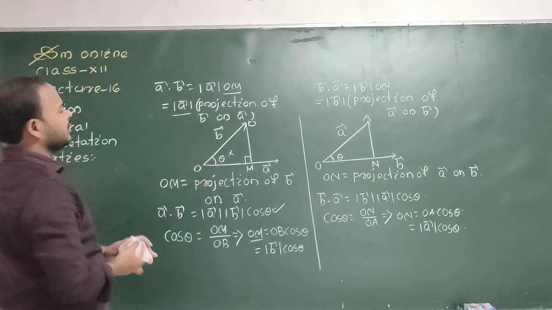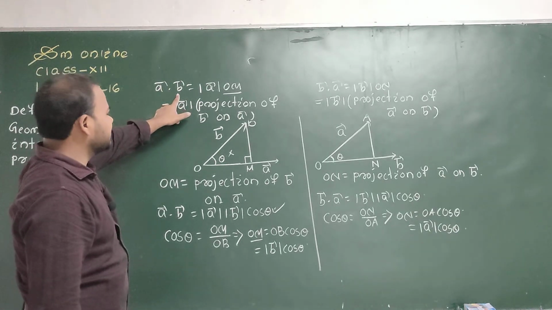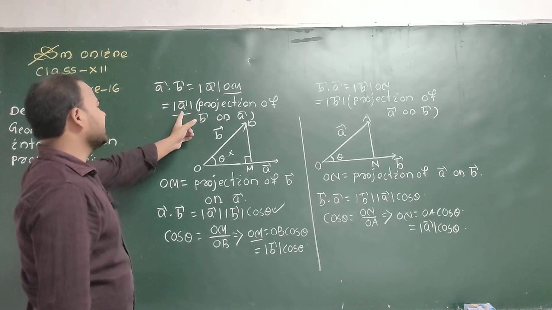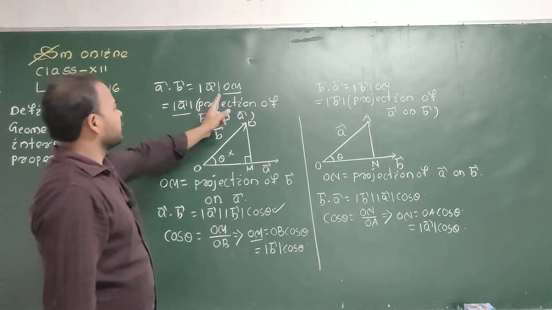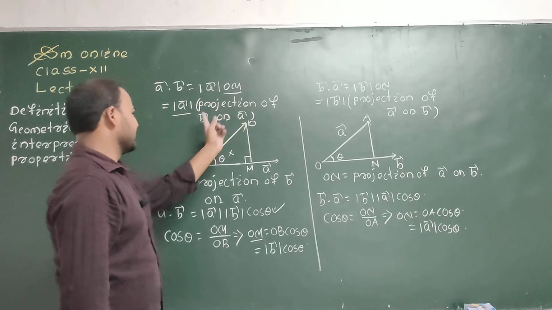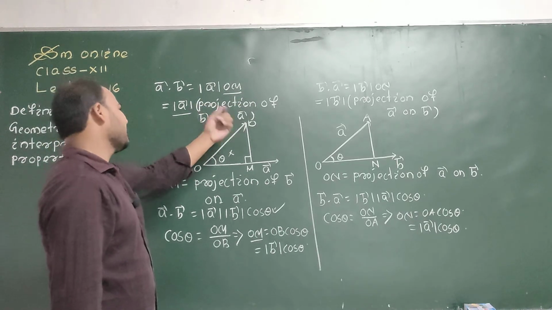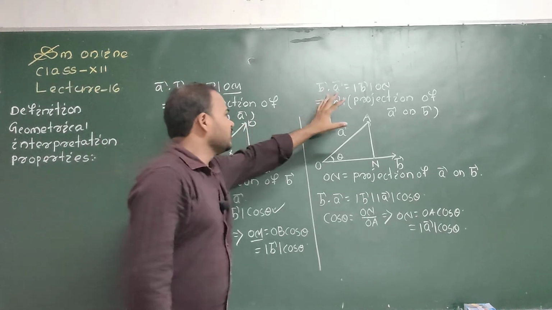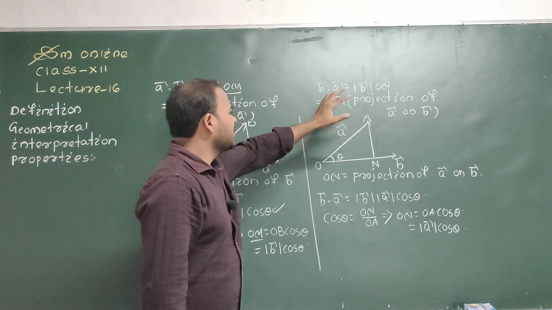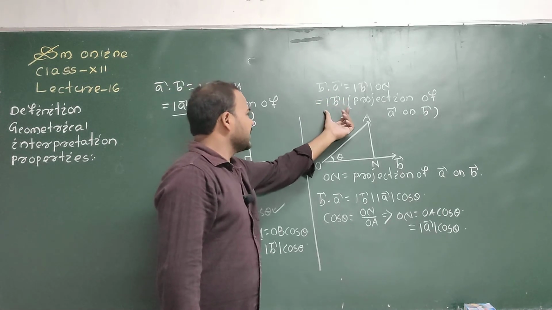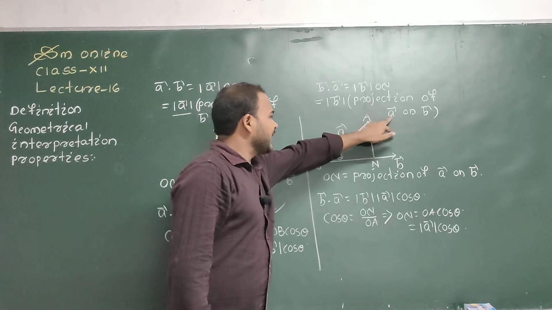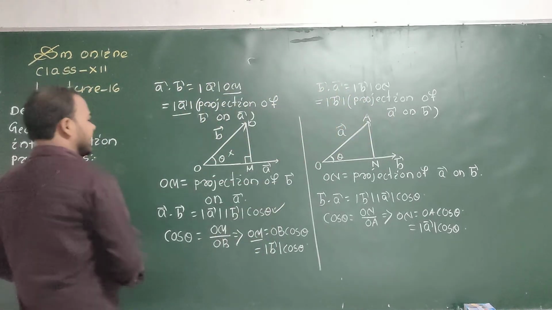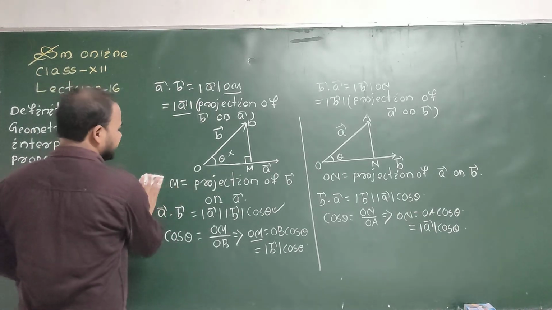Again, the dot product of two vectors is defined as the product of the magnitude of one vector and the projection of another vector on it.